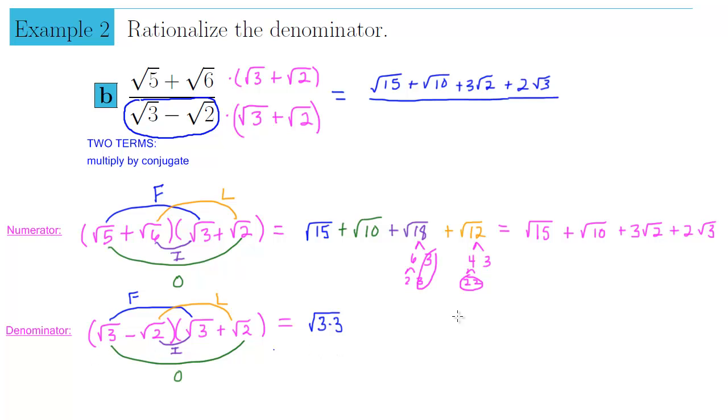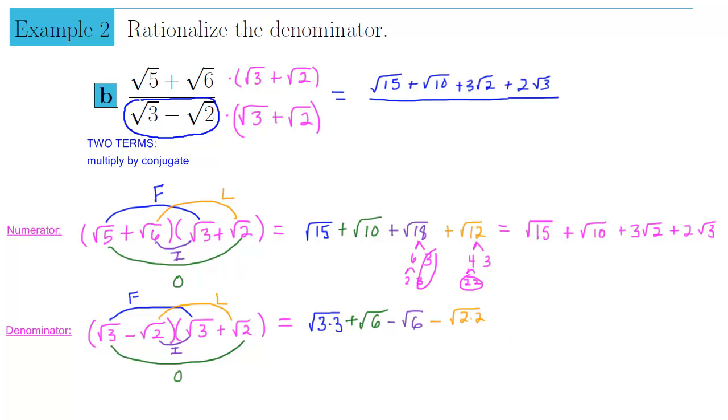Then we have to do root 3 times root 2, which is going to give us plus root 6. Then we have to do negative root 2 times root 3, which is going to give us minus root 6 because of this negative sign here. And then for the last terms, we do negative root 2 times positive root 2, which is going to give us minus root 2 times 2.